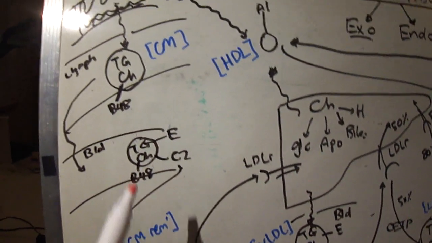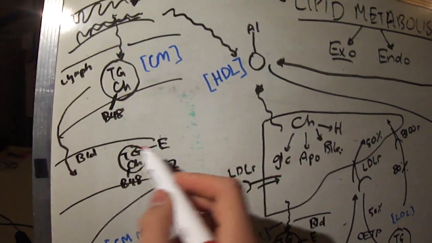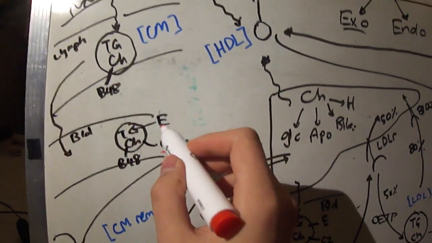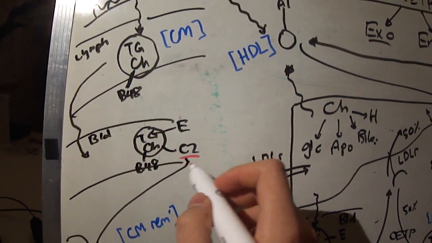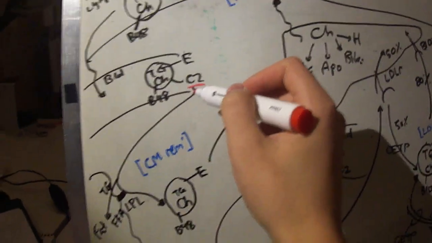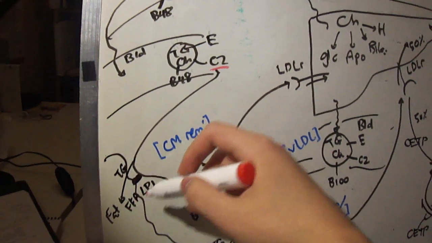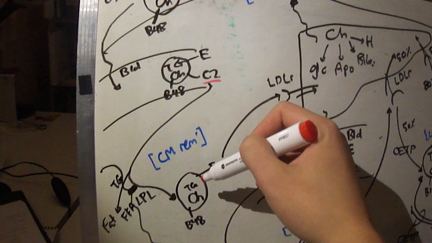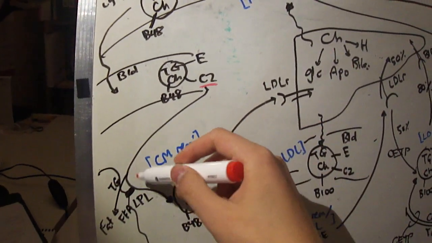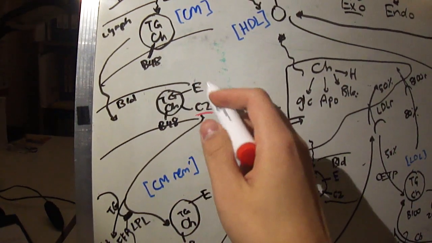And so what happens here is that if the ApoC2 is deficient, that means that this particle will not go to the fat, it will not be hydrolyzed into a chylomicron remnant. So if it doesn't undergo this reaction, this entire particle is going to build up in the blood.